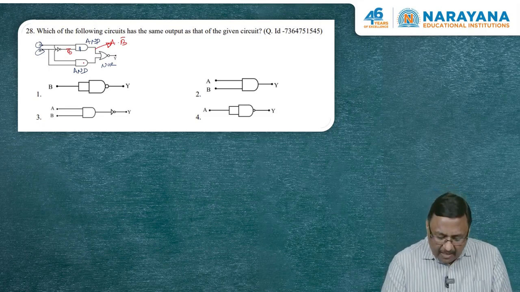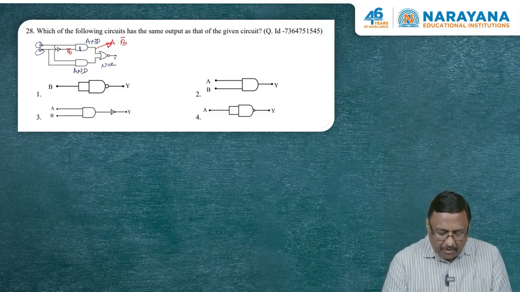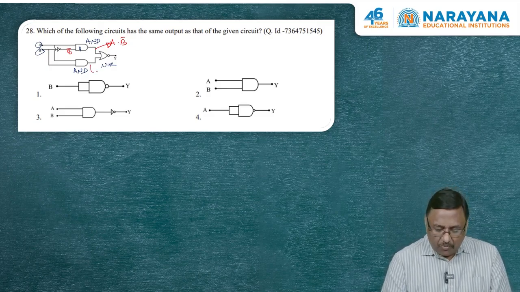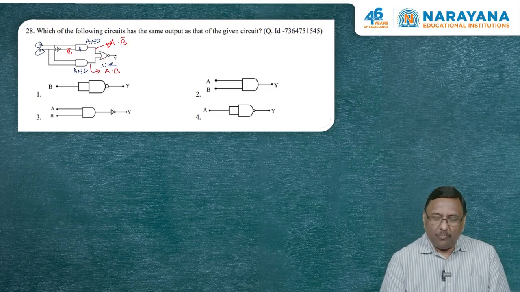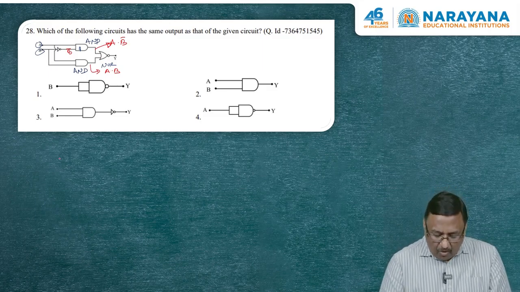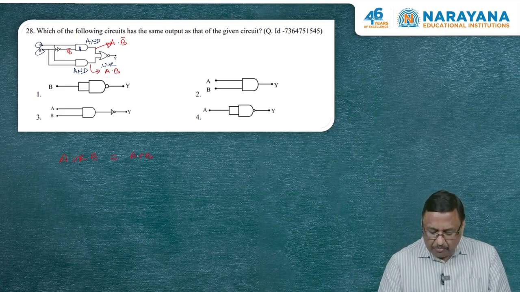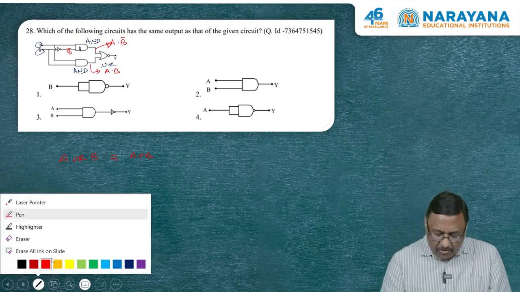Similarly, if you see the second AND gate here, the inputs A and B are coming as they are. If A and B are coming as they are, that means this output I can write is nothing but A dot B. And for the OR gate, I hope all of you understand, A or B is written as A plus B. So what are you going to get in this situation?